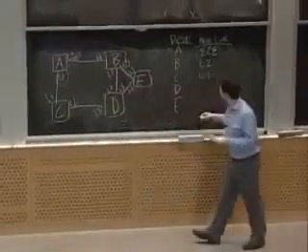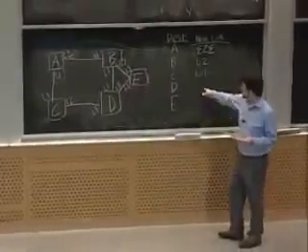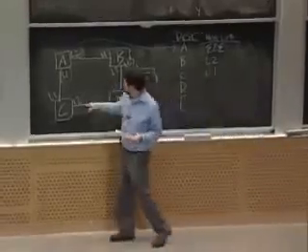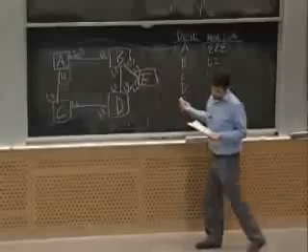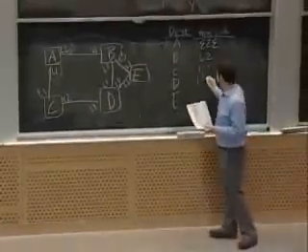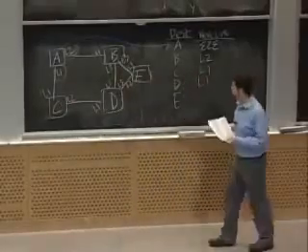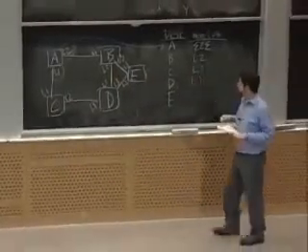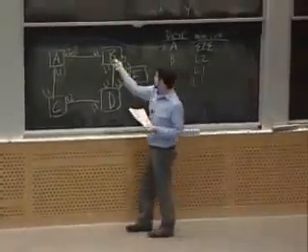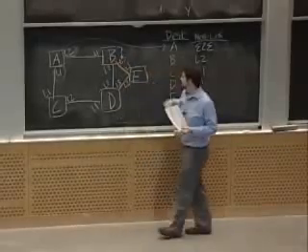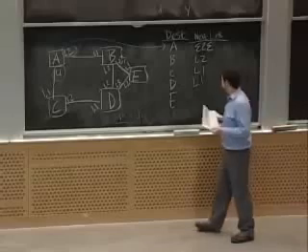Now, if it wants to route to D, it's going to have to route through either B or C. For now, let's just say it routes to L1, to C, and then C is going to go ahead and forward the packet on to D. And if it wants to route to E, it can either route through B or through C, but let's say it routes through B because it has a shorter path.